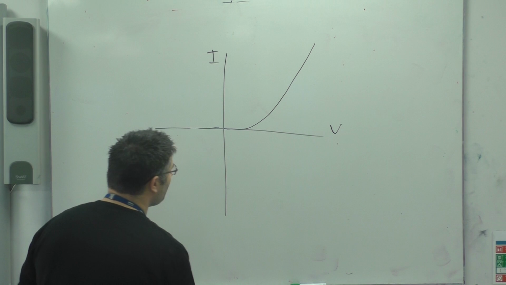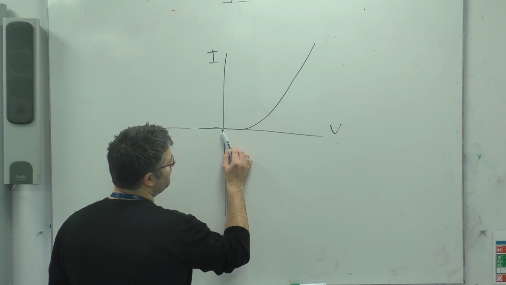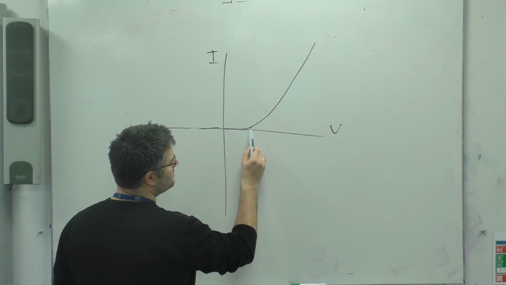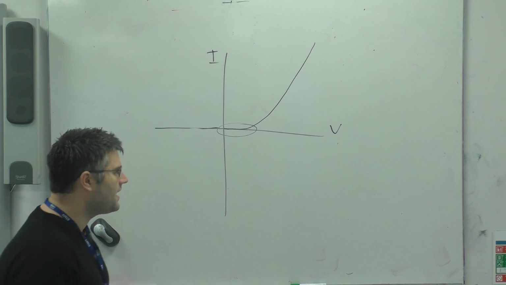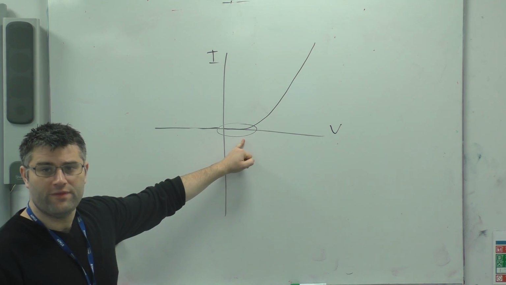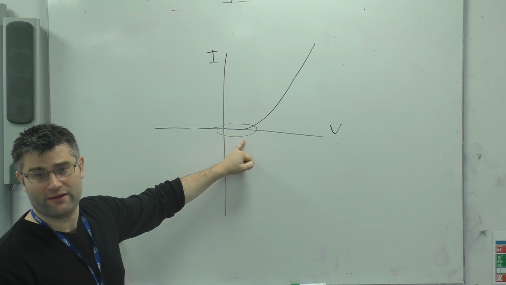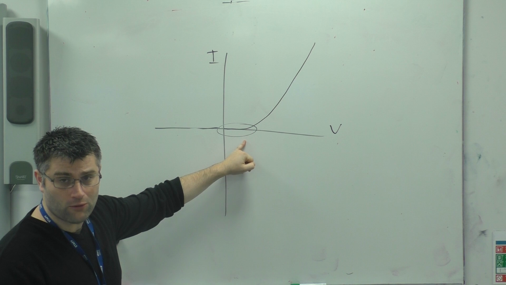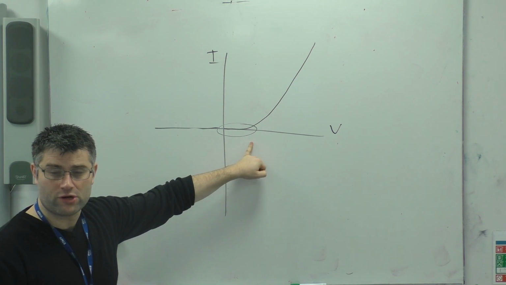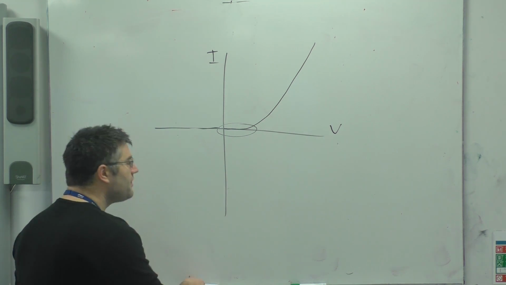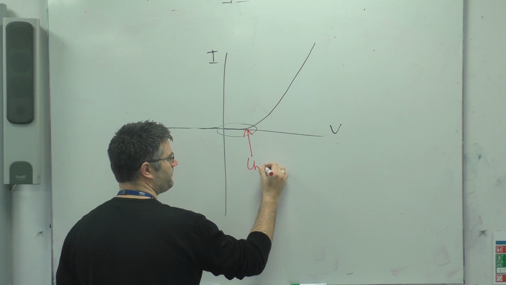So we increase the voltage, but this section is very important because it tells you that up to a certain point, current is not allowed to flow until I reach a very specific voltage across it. We call this the threshold voltage, or the threshold PD.